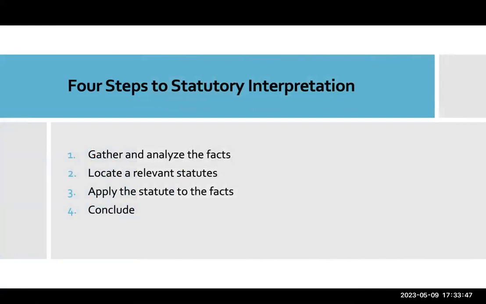In conducting legal research, we're always working to fit the law to the facts that are presented. When we're dealing with statutory research, we again have to have our facts before us, locate statutes that might apply to those facts, apply the statutes to those facts, and then come to a conclusion.